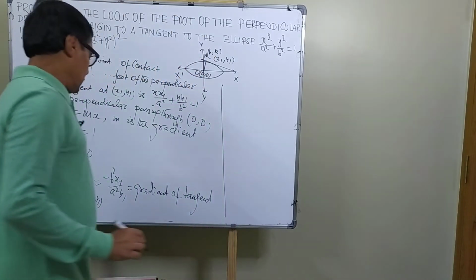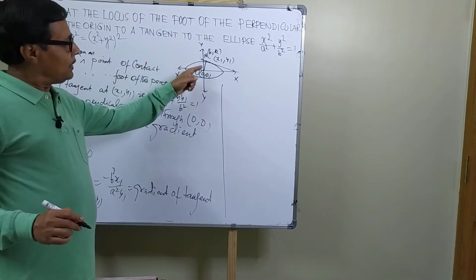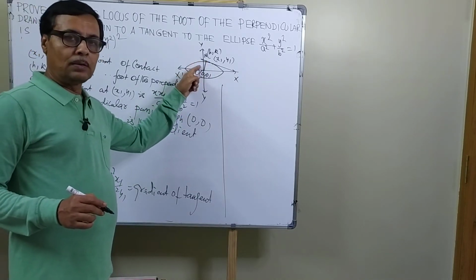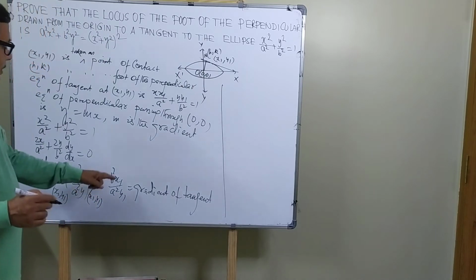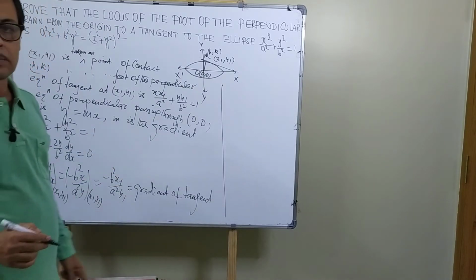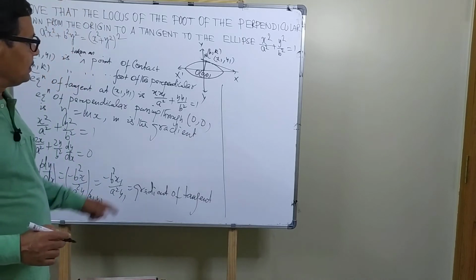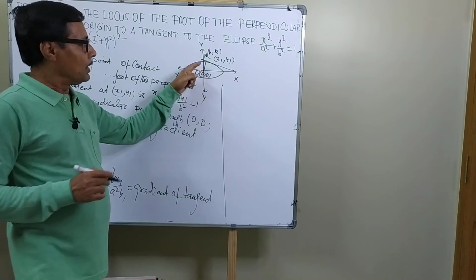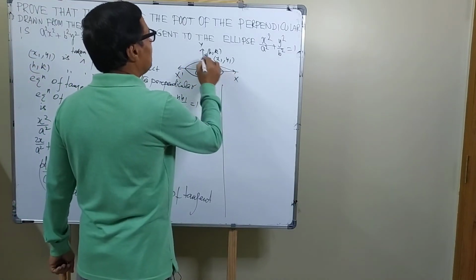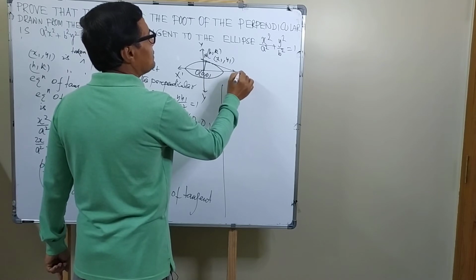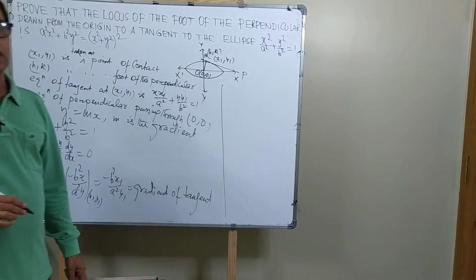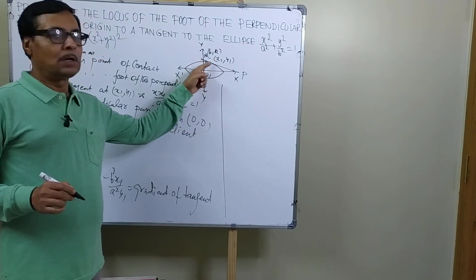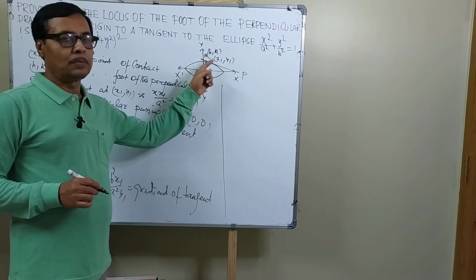Now, a line perpendicular to this tangent. The gradient of this perpendicular will be the negative reciprocal of the gradient of the tangent, because these two lines are mutually perpendicular, that is ON and also NP. The tangent is taken as NP. ON and NP are mutually perpendicular. So the gradient of ON is the negative reciprocal of the gradient of NP.